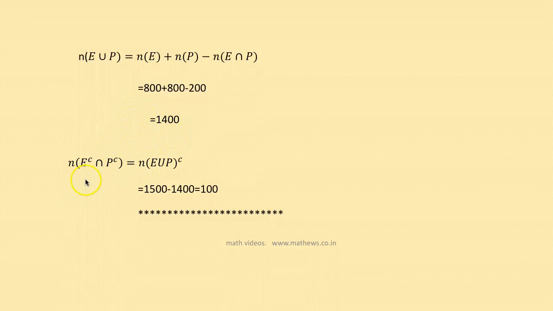We need to find the number of students who are neither English nor psychology majors. That is number of students in E complement intersection P complement, which is number of students in E union P complement. That is 1500 minus 1400, which is 100. So number of students who are neither English nor psychology majors is 100.